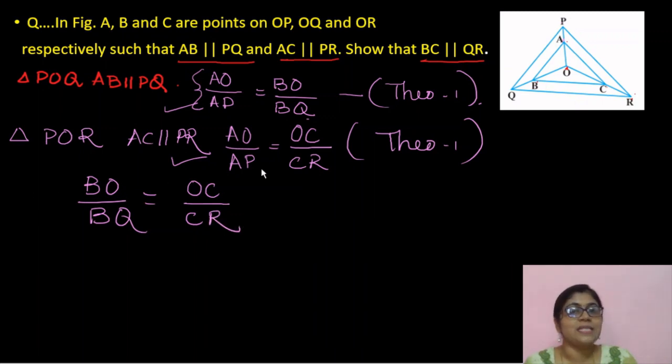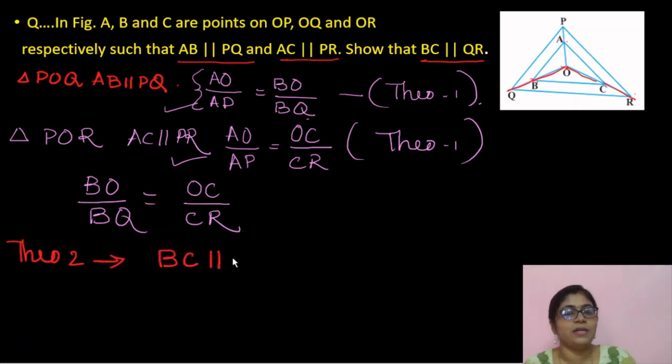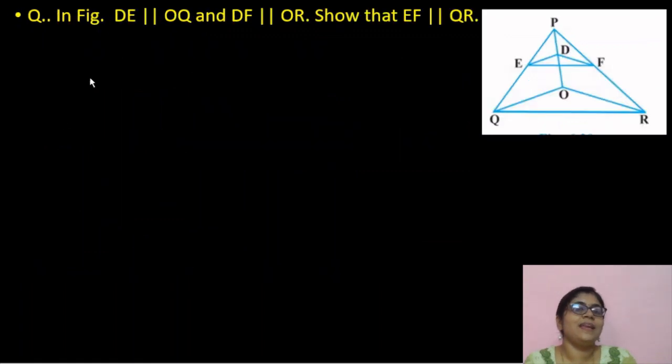So here BO by BQ equals OC by CR. So according to theorem 2, we can say BC is parallel to QR. Hence, it is proved. Isn't it simple? Now let's move to the next question.